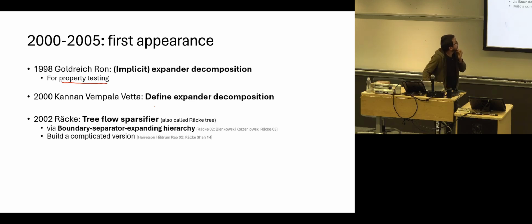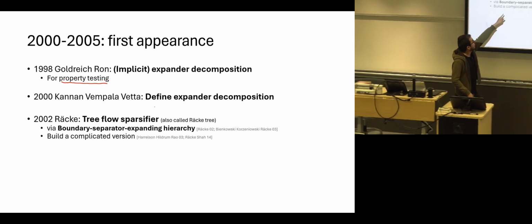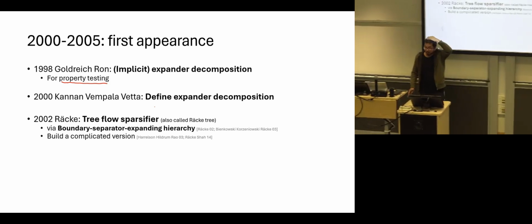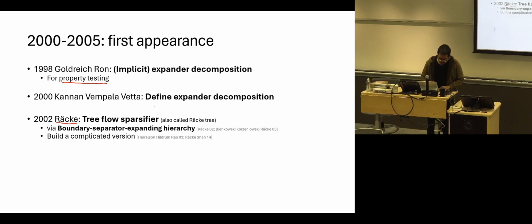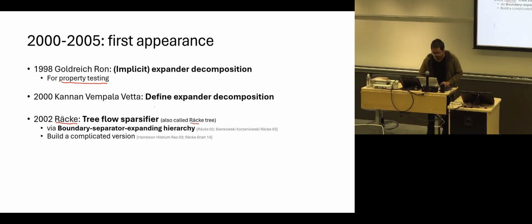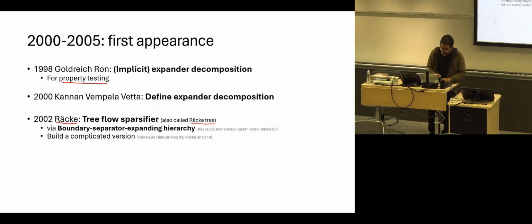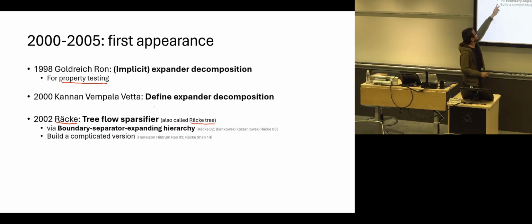Actually, the tree flow sparsifier, which was defined by Räcke, and people also call it the Räcke tree, was also defined a long time ago.